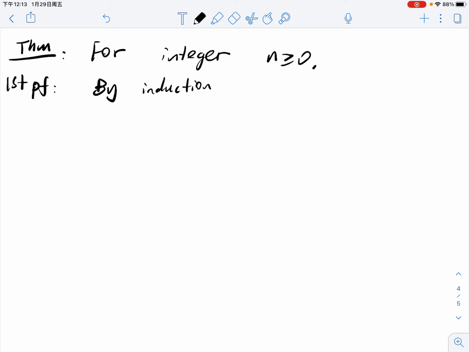Okay. The thing we want to prove is n choose 0 plus n choose 1, all the way to n choose n minus 1 plus n choose n, is 2 to the n's power. This is what we want to prove.